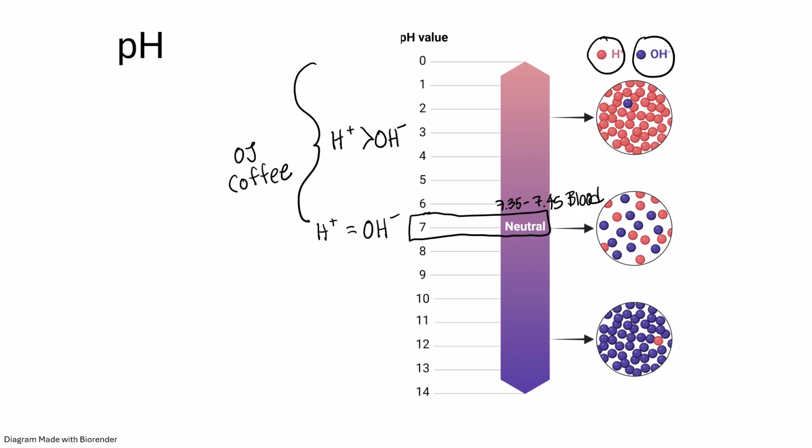So if acidity means that you have excess H plus cations and you are making excess H plus cations all day long without making the corresponding OH negative anions, then your blood becomes acidic throughout the course of the day. Your negative feedback mechanisms are reversing that change to keep your blood within the correct pH range.